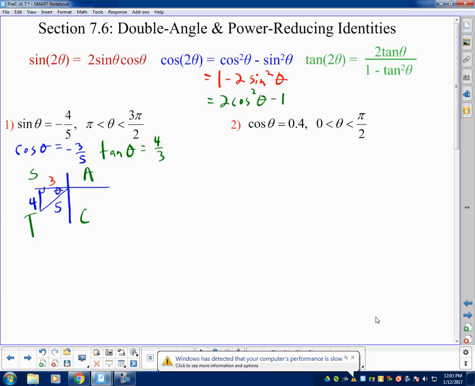Okay? All right, here we go. So, sine of 2 theta, according to the formula right here, is equal to 2 sine of theta cosine of theta. So I'm just going to copy that down. And sine of theta is -4/5, so I'm going to plug in -4/5 for sine of theta. And cosine of theta is -3/5, so I'm going to plug that in and then evaluate it, and that's it.